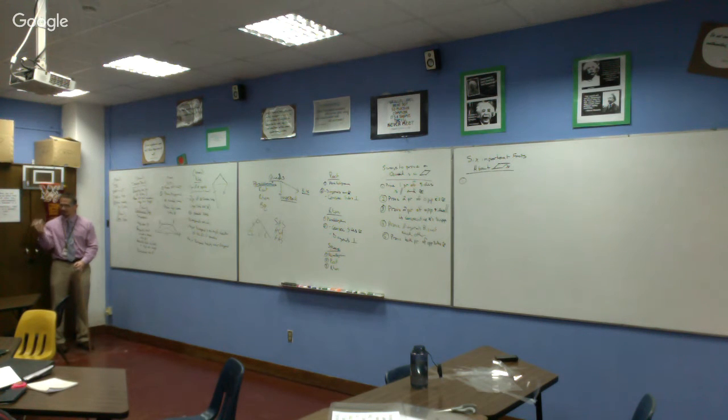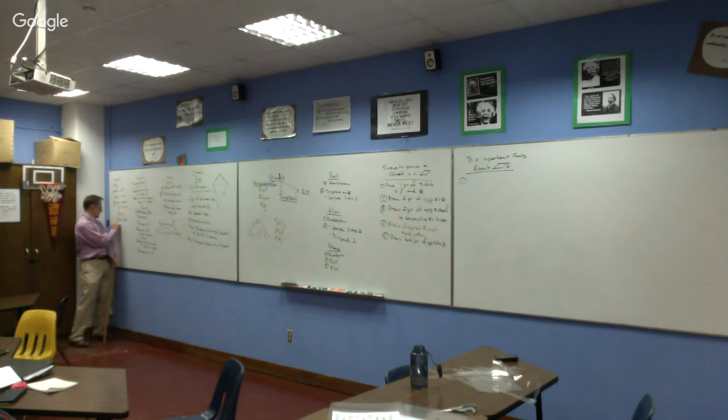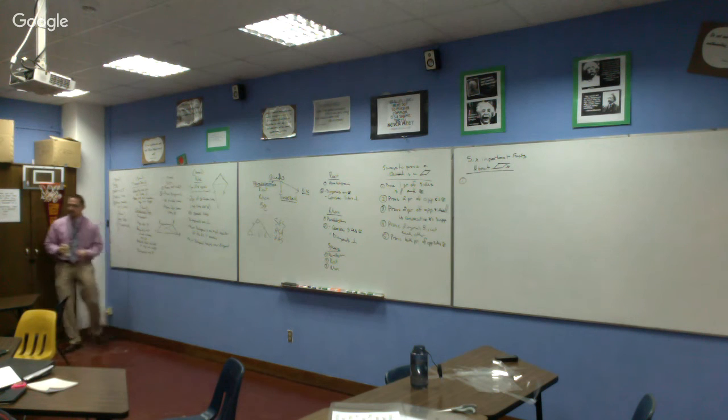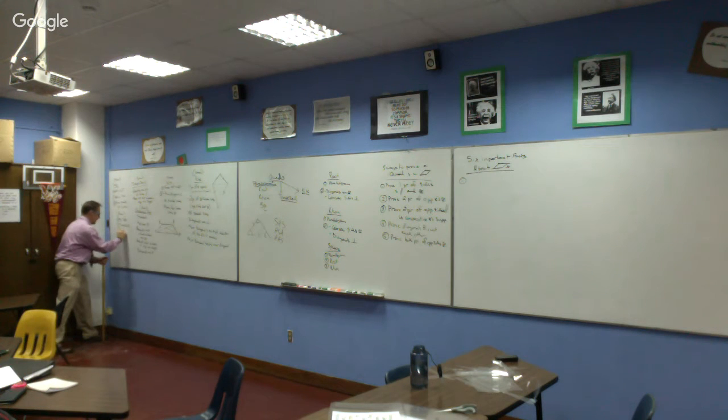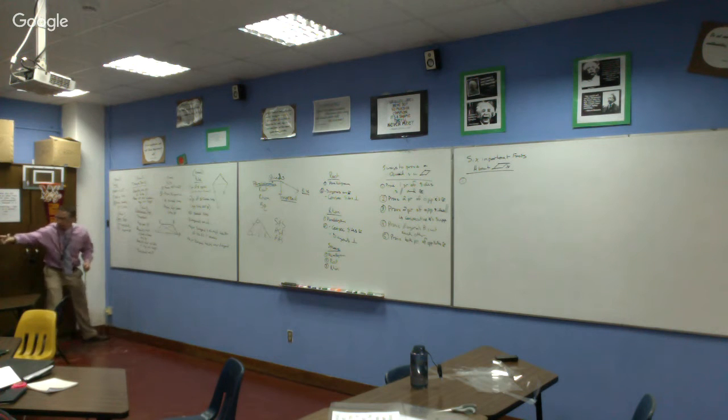In order to be an isosceles trapezoid, the first thing it must be is a trapezoid. Then the second thing that it has to have is, we could have the legs are congruent, or what?